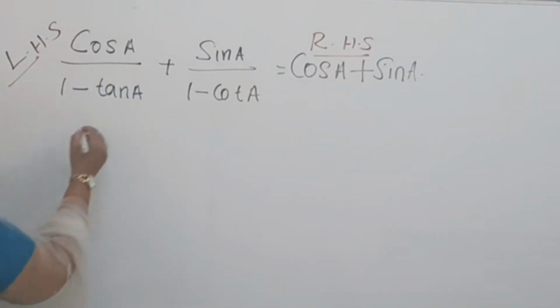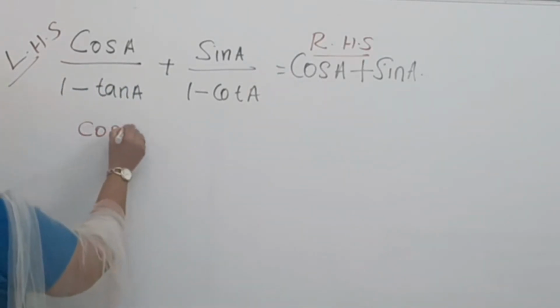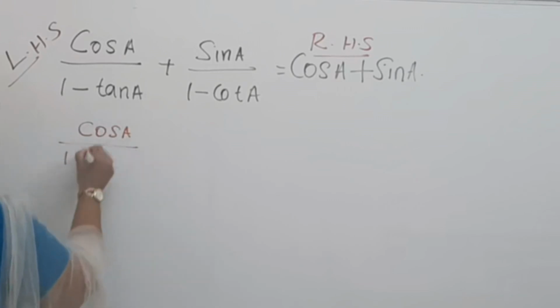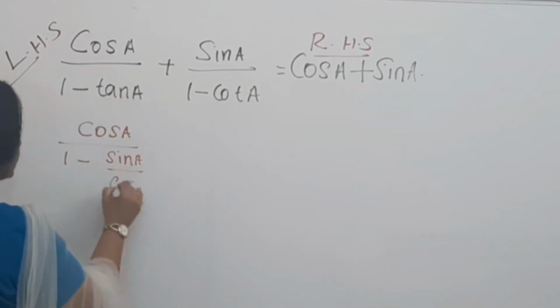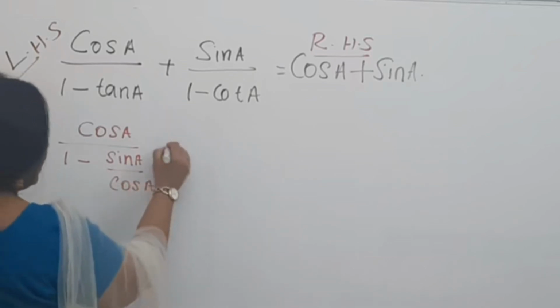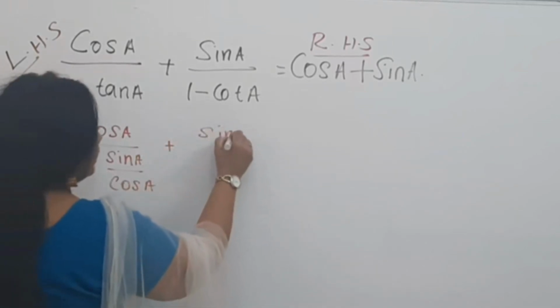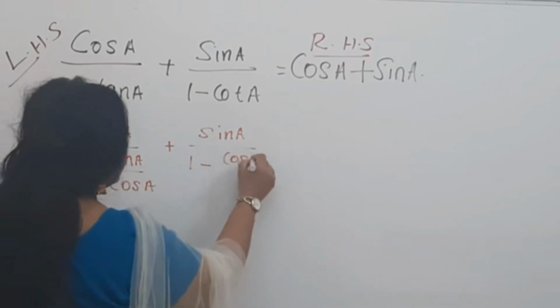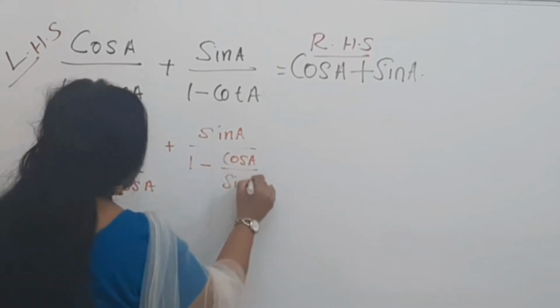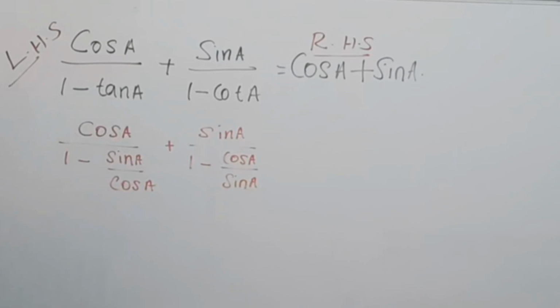Now I'm going to write cos A divided by 1 minus tan A as cos A divided by 1 minus sin A by cos A, plus sin A divided by 1 minus cos A by sin A. Hope you understand how I converted into the first category ratio.